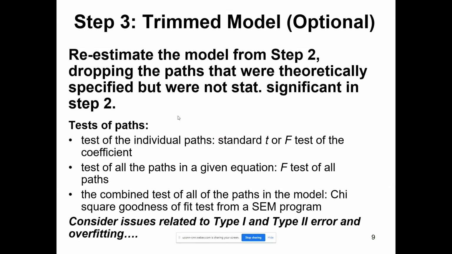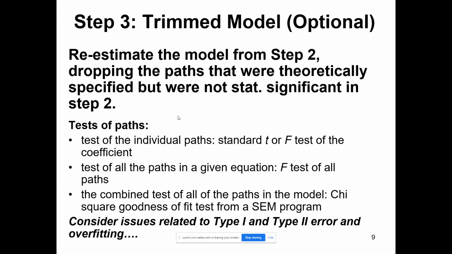And there are lots of ways that you can think about tests of paths, and we'll get into this a little bit more as we go along. But you could think about just looking at the individual paths, right, with some sort of a standard F or T test. You could think about doing almost like a multivariate test, like simultaneously testing all of the paths that you don't think you need, which would be like an F test for all of the paths.